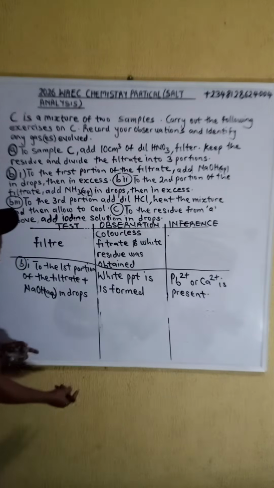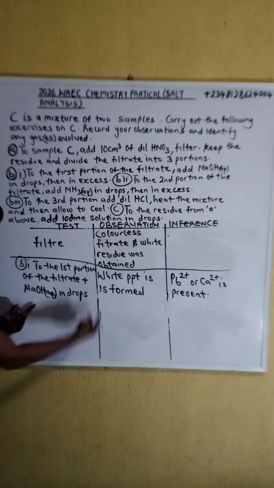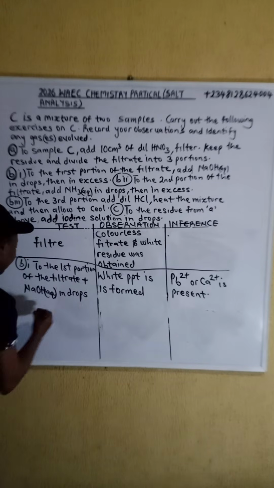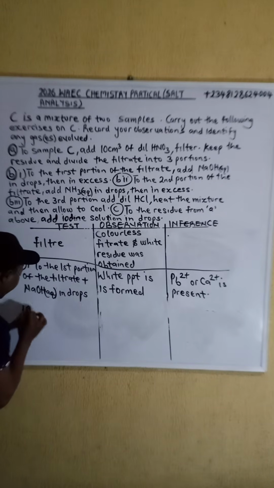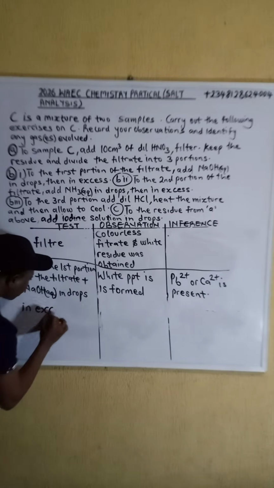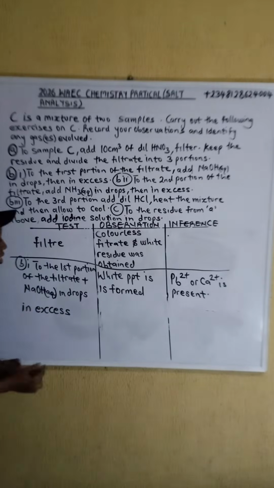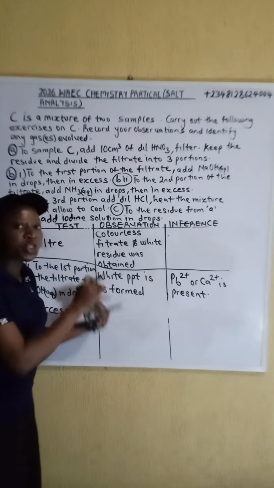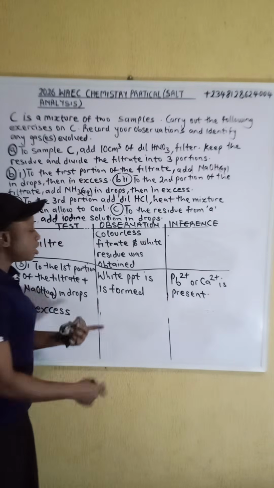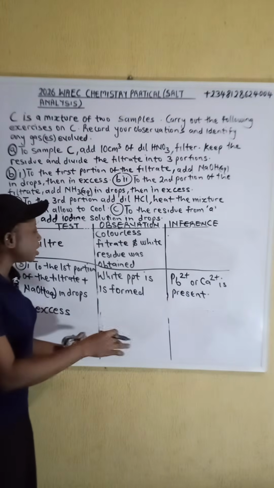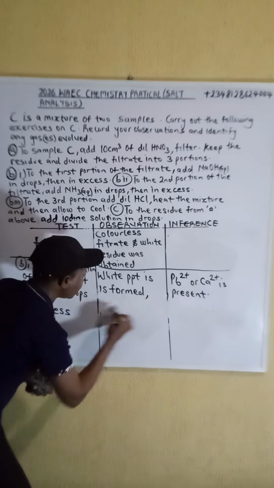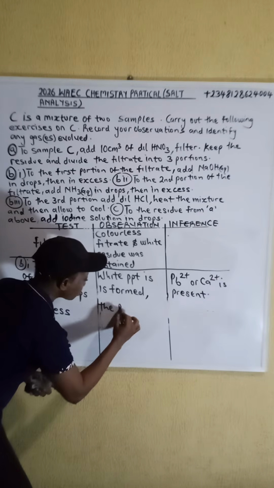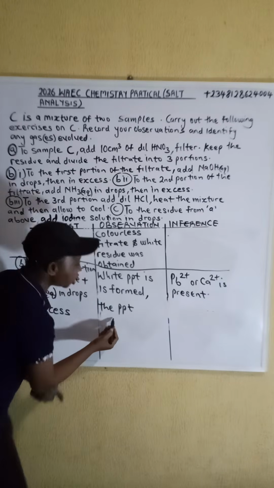Now you add aqueous sodium hydroxide in excess. Then another line, in excess. So what is going to happen in excess? The precipitate will dissolve in excess. Now you write: PPT is precipitate.